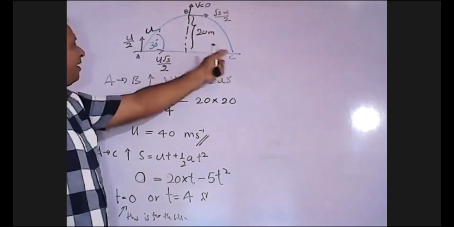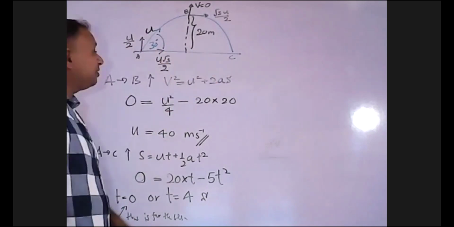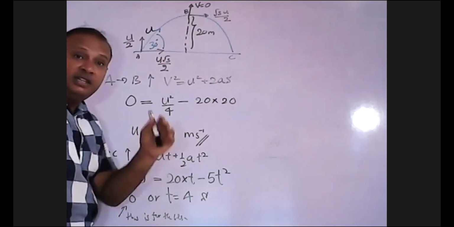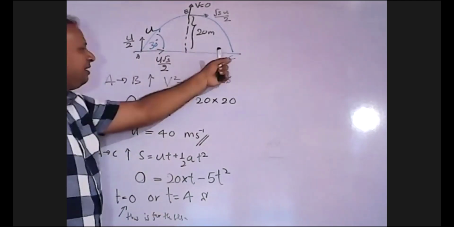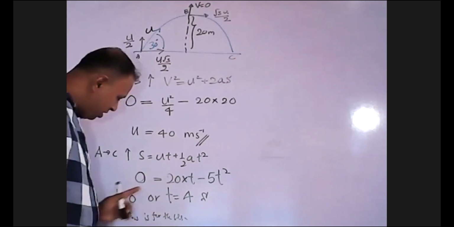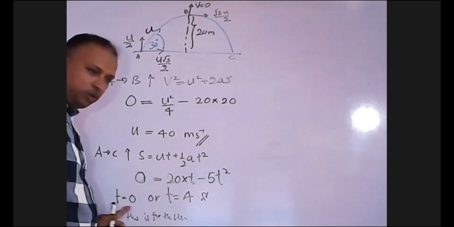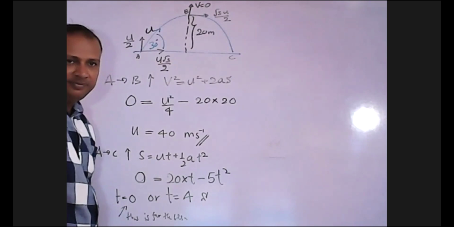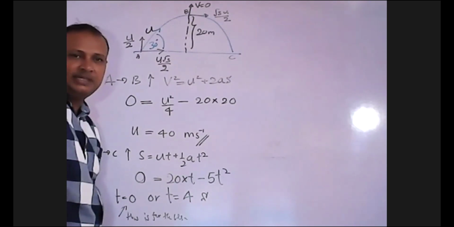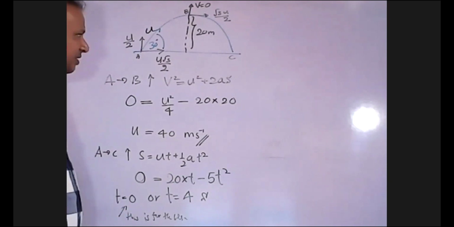There are 2 points where it is 0. First one is at the beginning, second one is at the end. Therefore, this one belongs to the end point.